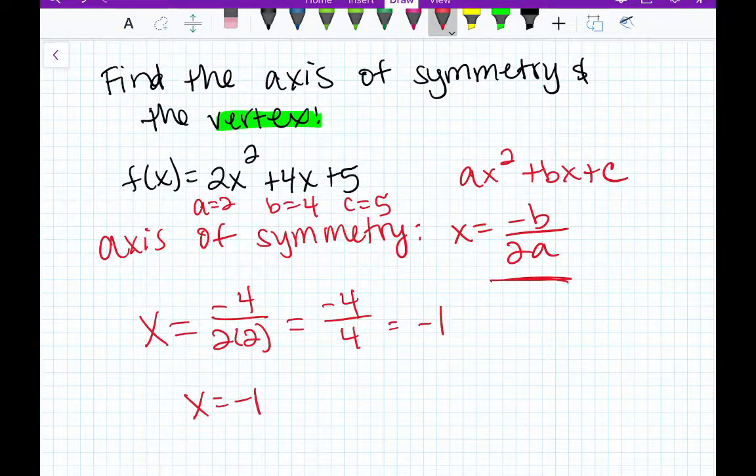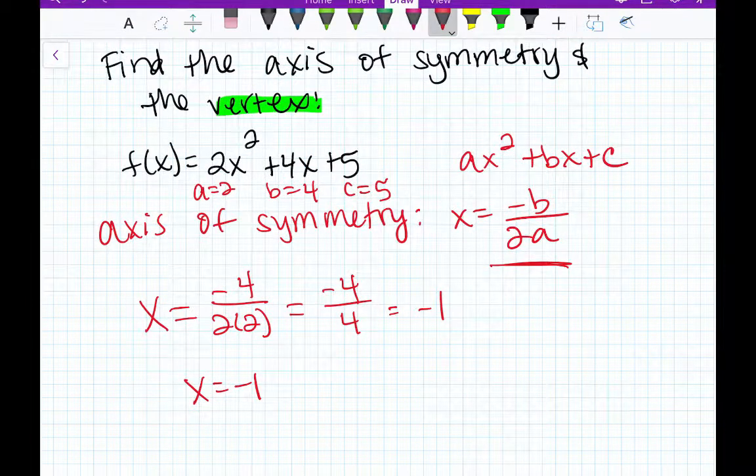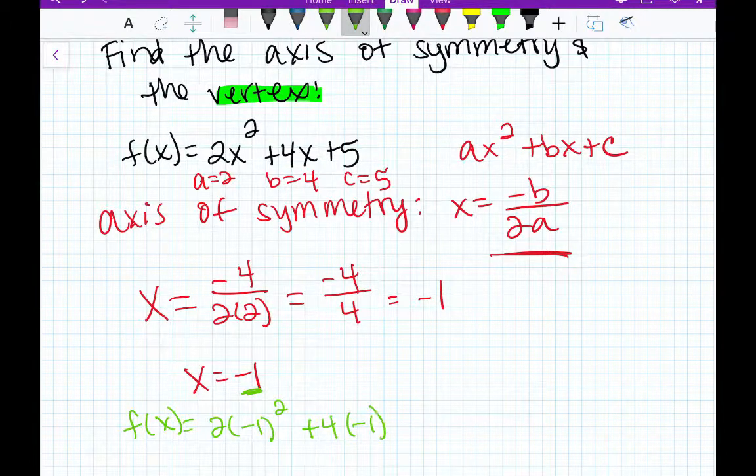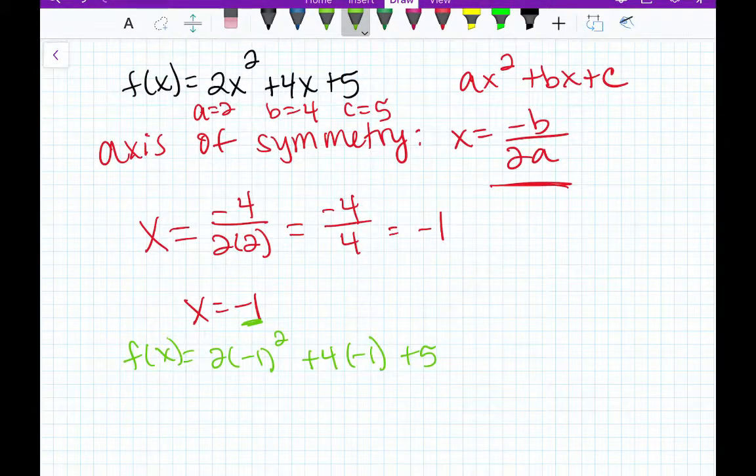So in order to find the vertex, you might want to write this down. In order to find the vertex, you're going to plug in the x value of the axis of symmetry to the function to find y. So here's what I mean by that. So f of x equals, I'm going to plug in a -1 for x, and that is going to give me the y value at that point, which is going to be the vertex.